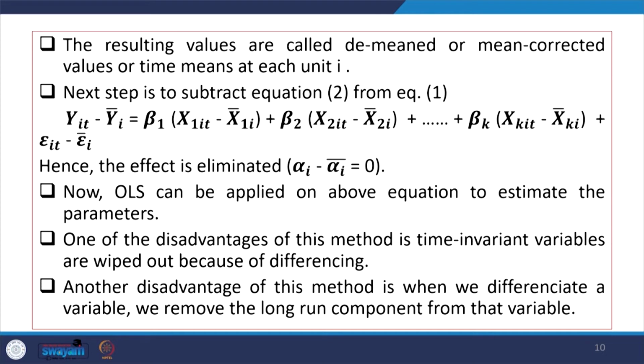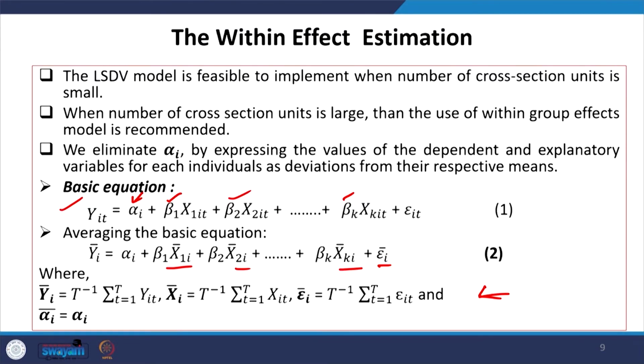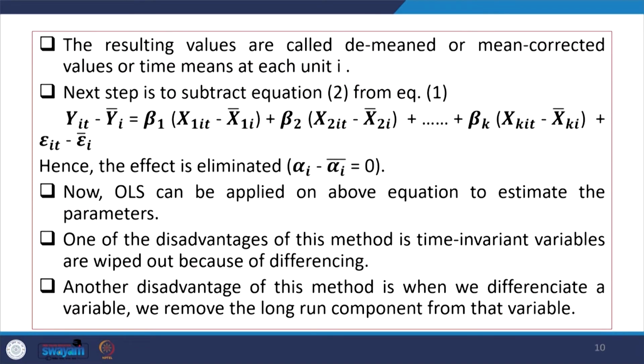The next step is for us to subtract equation 2 from equation 1. What this gives us is that we have taken Y_it minus Y_i bar, so in each case we have got the difference.